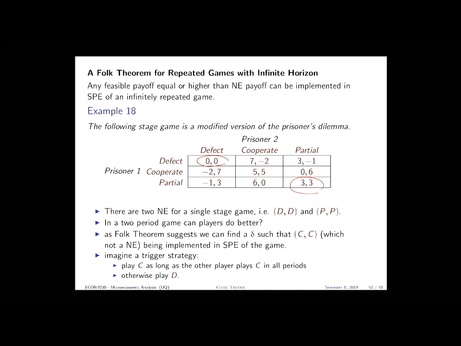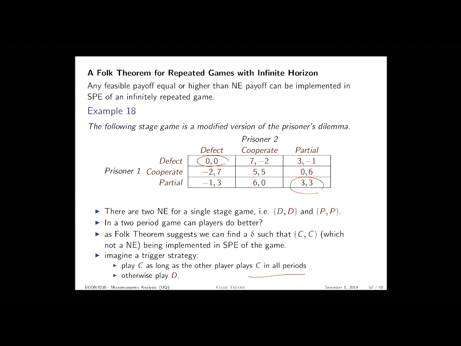So the trigger strategy I define here is that suppose players play C in all periods as long as there is no history of any other action. Or let's say there is no history of D. Because there is no reason for the other player to do anything else, because obviously D has the highest payoff for them.